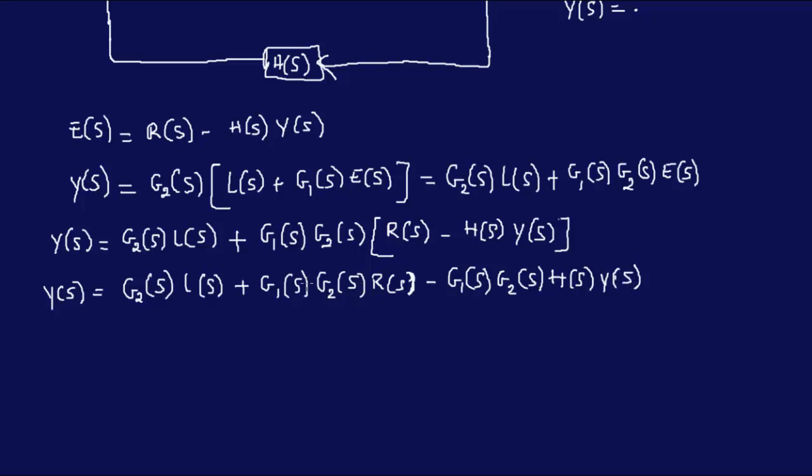Now we need our Y, so we can put the like terms together. We have a Y of S here, and then we have an expression with Y of S, so we can take that out.